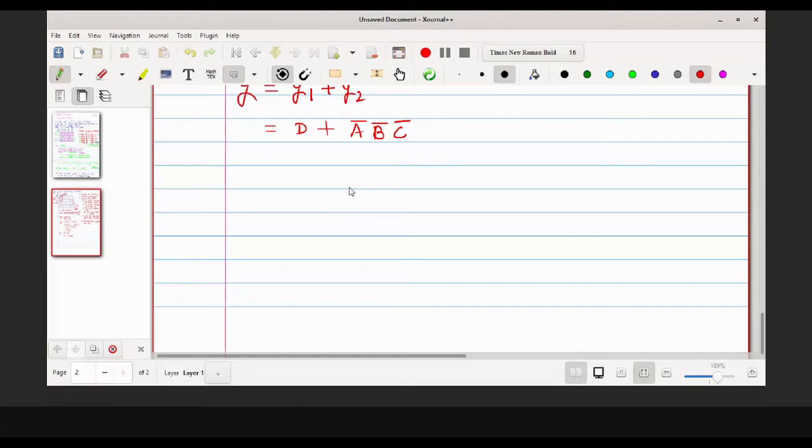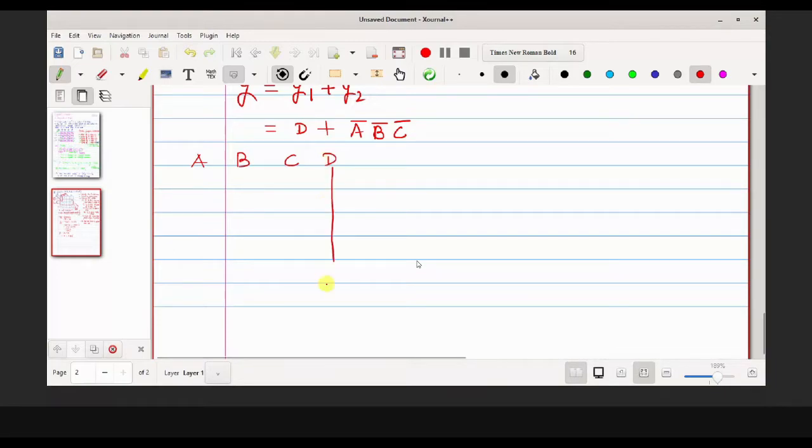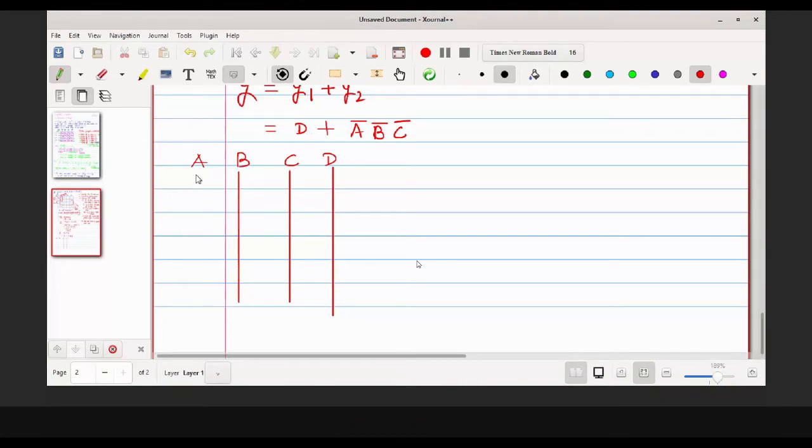Here there are no conditions like you have to use only two-input gates and so on. So I can simply implement it like this: A, B, C, and D. I do not require D bar, but I require A bar, B bar, and C bar, so I'll be generating them.